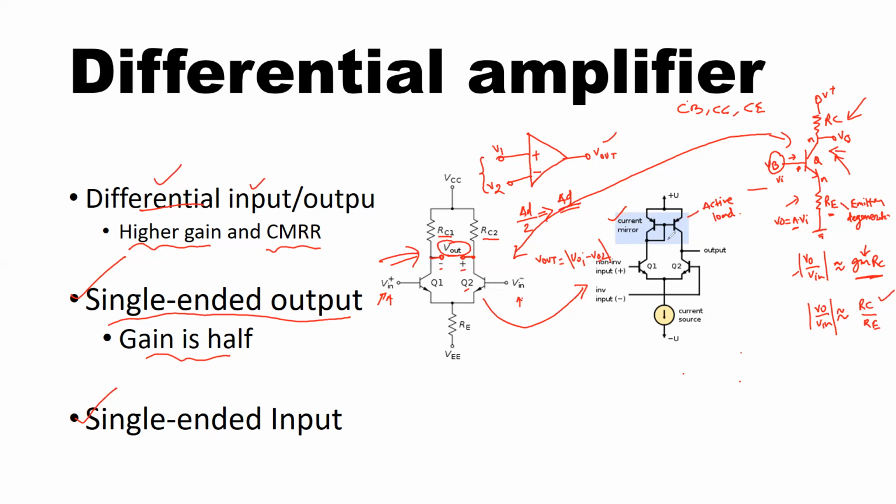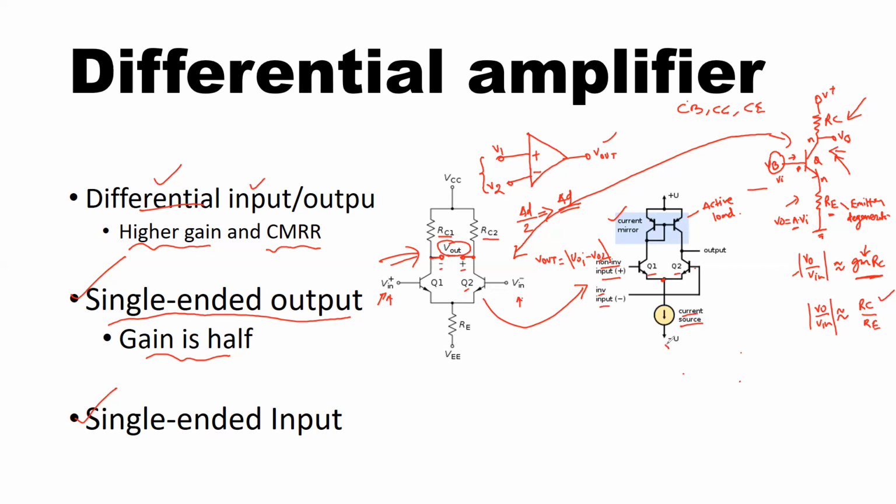So what you see here, you basically are using Q1 and Q2, with the two inputs, the non-inverting input and the inverting input, at the bases of the transistors, and their emitters are connected together here, and from there you have a constant current source.